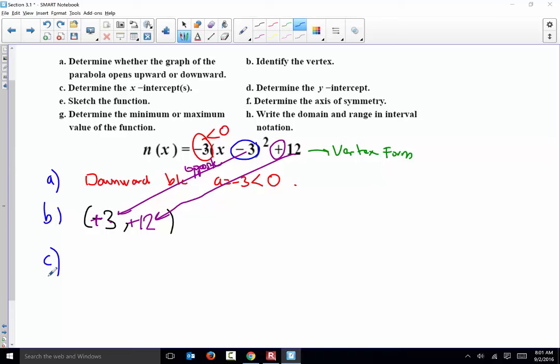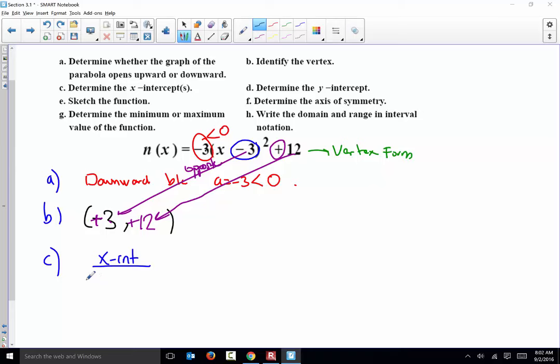Alright, next. What is part C? Determine the x-intercept. This is nothing new. In one section in chapter 2, we have learned how to find the intercepts of graphs of equations. To find x-intercept, I need help. What do we do? Who remembers it?